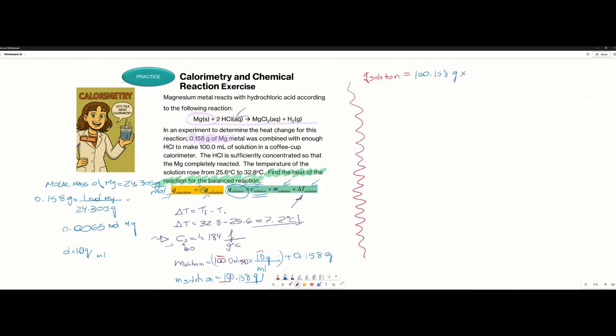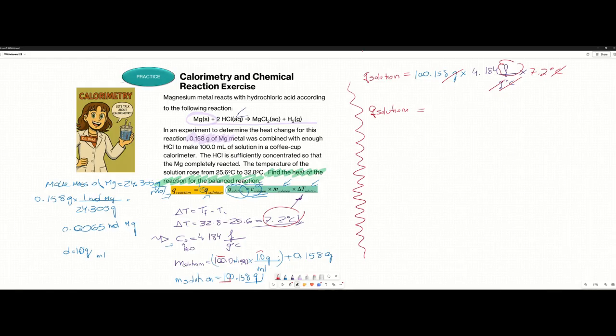And now we're gonna go to specific heat. So specific heat is the specific heat of water, because this is a solution, 4.184 joules per gram Celsius degree. And now I'm gonna use the delta T. So delta T is 7.2 Celsius degrees. So I can cancel grams Celsius, and I'm gonna have joules, which is the unit for heat.